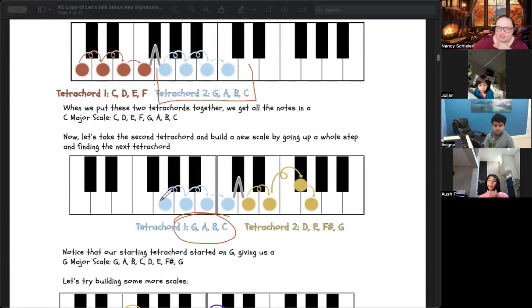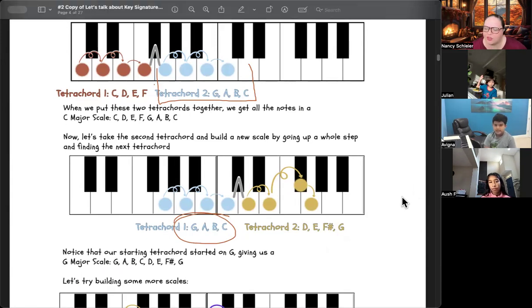So I have G, A, B, C, and then we go up a whole step, D, E, F sharp, G. I don't know if anybody here has worked on the G major scale. Have you done the full G major scales or just the five finger? I've done the blue one. I'm not completely sure how to do it, but I'm working on it.